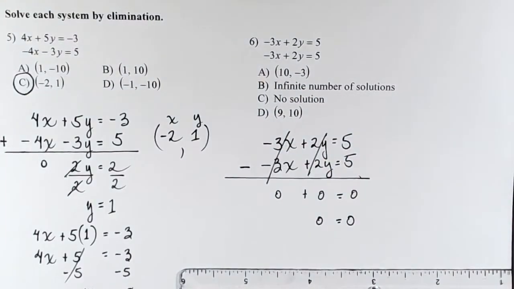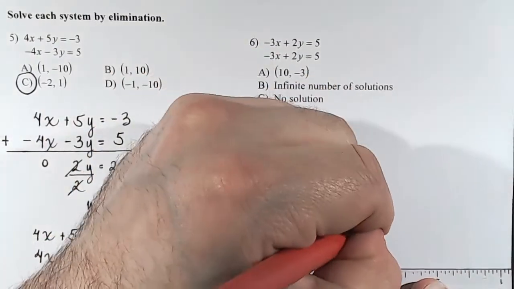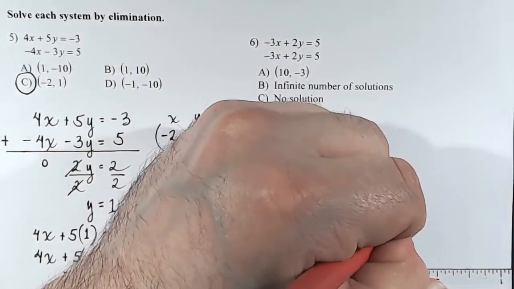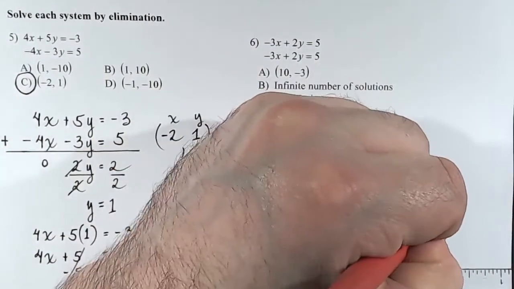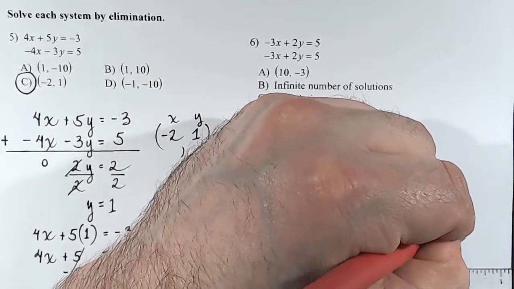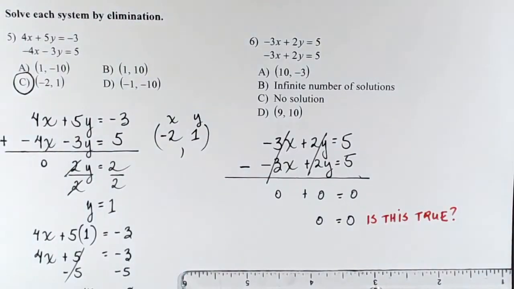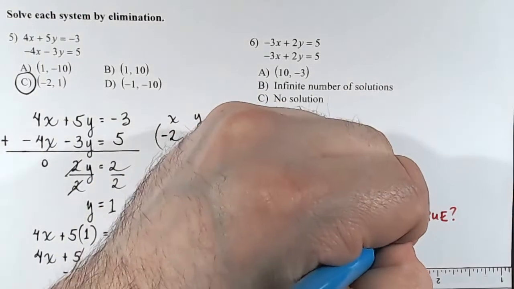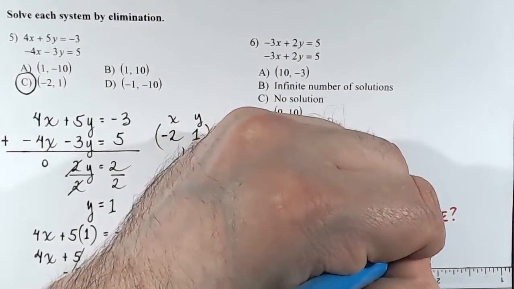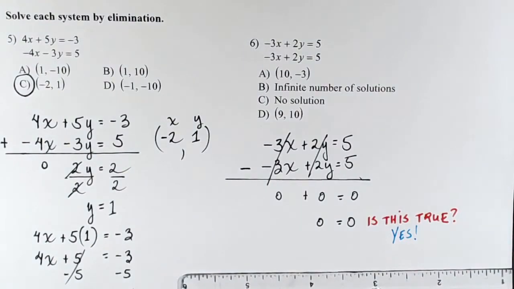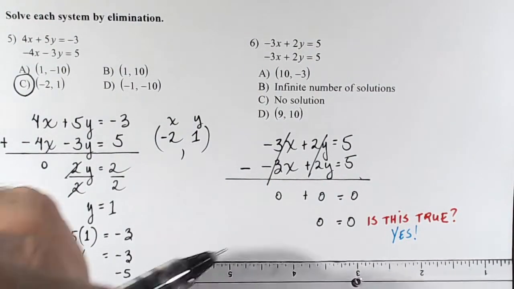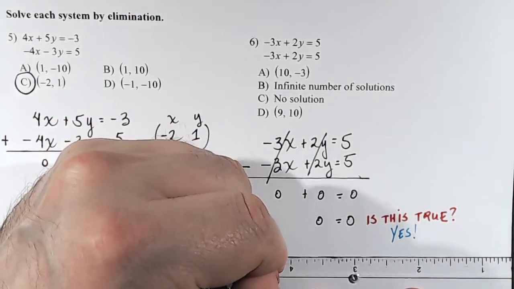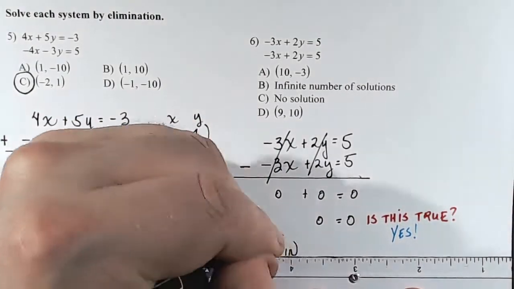Now here's a question. Is this true? Well, yes, it's true. 0 equals 0. Yes. So when your answer to whether it's true or false is yes, then you know that you've got a situation with infinite solutions.